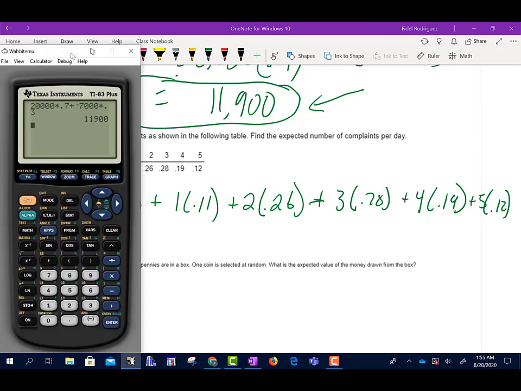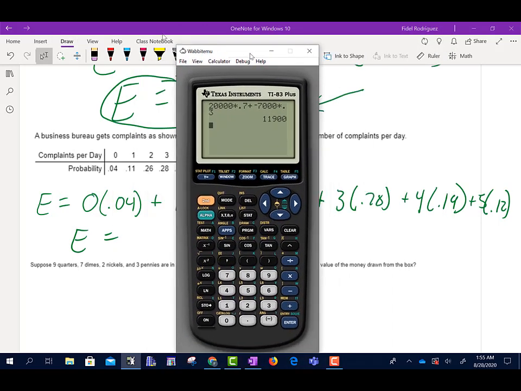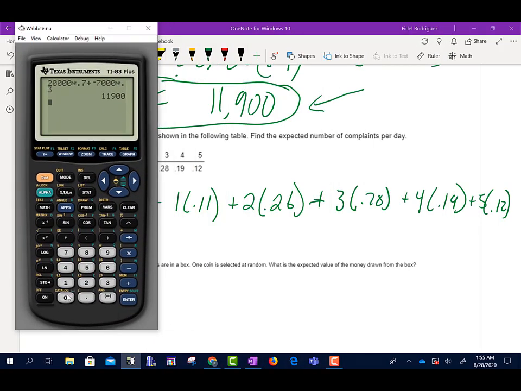Okay, so let me move this over. 0.4 times 0, we already know that's 0, but I'll type it in here.